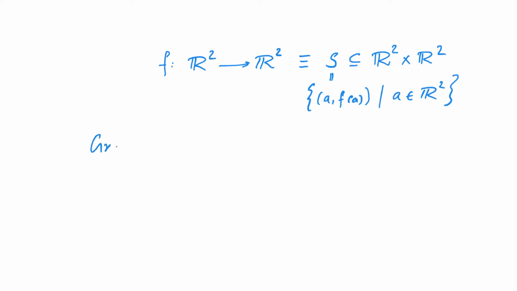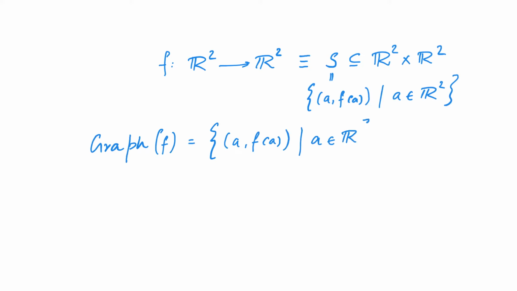Now recall what the graph of f would be if f is a function from R2 to R2. We saw that the graph of f was very similar to the function itself. It contained all points (a, f(a)), where a belongs to the domain, and here the domain is equal to R2.